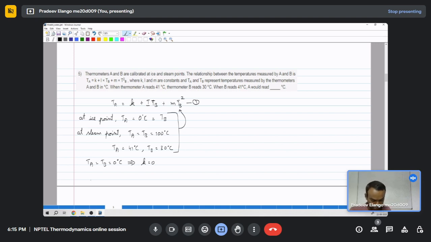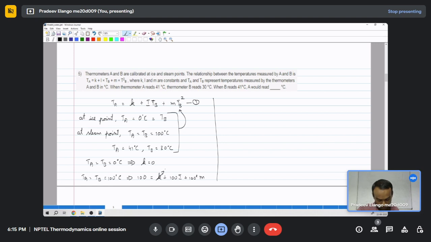Put in 100 for TA and TB, we will have 100 is equal to K plus 100 into I plus 100 square M.